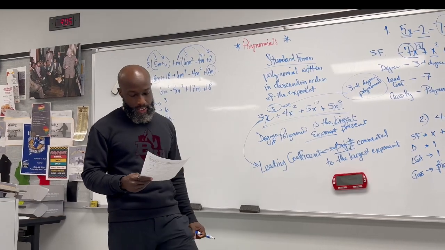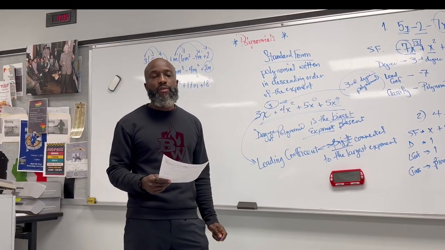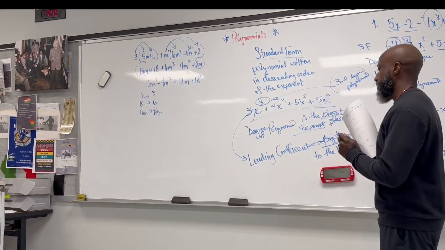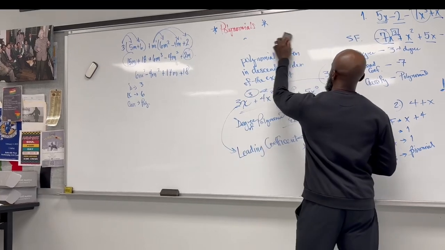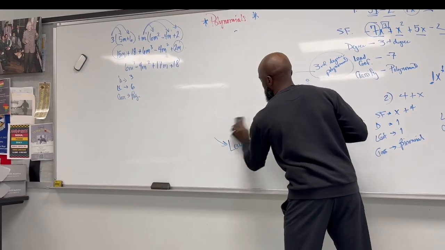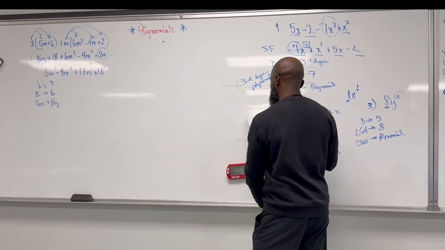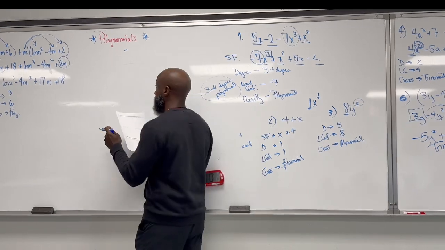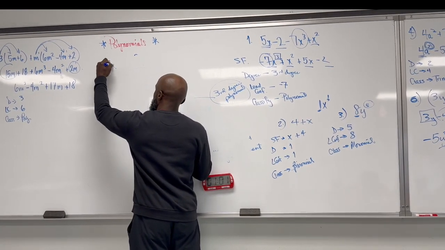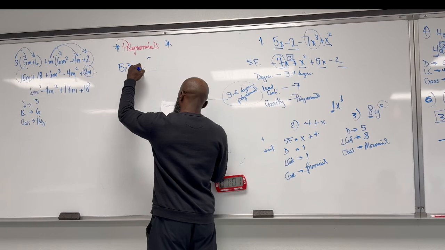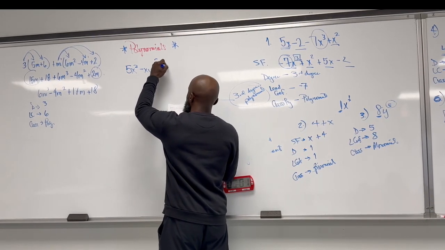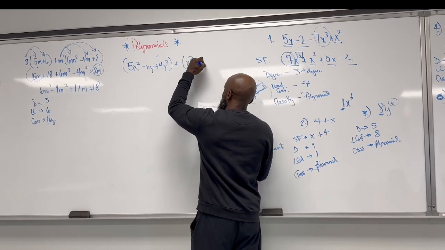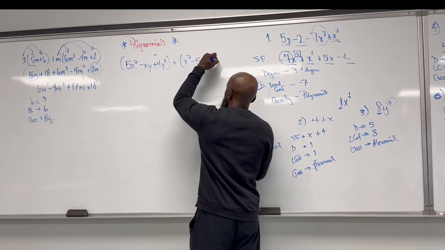The last part, we're dealing with expressions with more than one variable. When you have an expression with more than one variable, you do the same thing. You still combine like terms, right? So looking at number 9, we got 5x squared minus xy plus 4y squared plus x squared minus 5xy minus 3y squared.